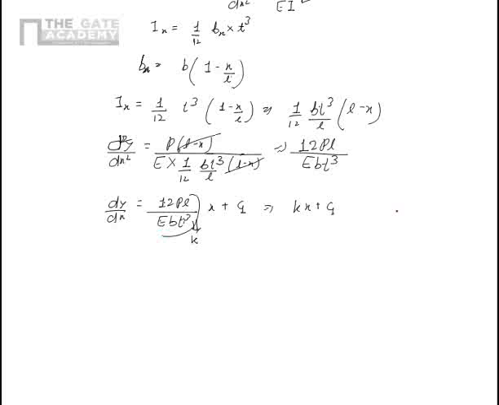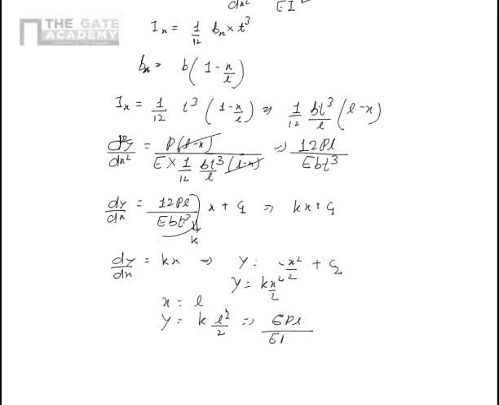Now C1 is equal to 0 because this is a cantilever beam, so dy/dx is kx, and I integrate it again, I get y equal to kx² by 2 plus C2. Again at x equal to 0 there is no deflection, so C2 is equal to 0. So y is kx²/2, at x equal to L, y equal to kL²/2, which, feeding in the value of k, becomes 6 PL³ upon E b t cube.